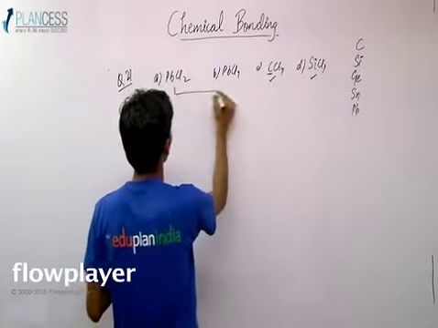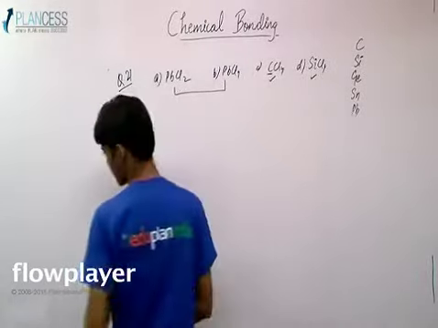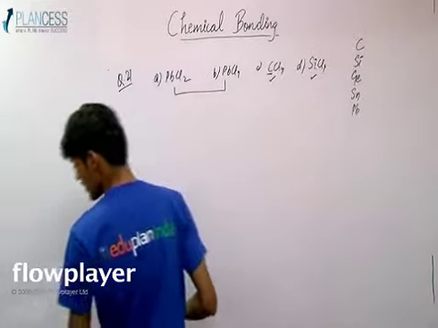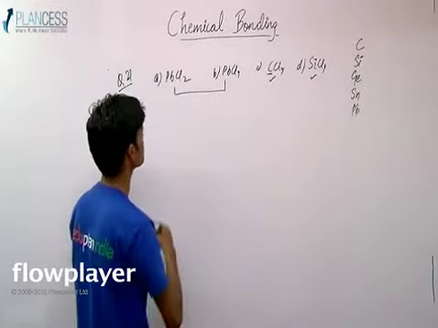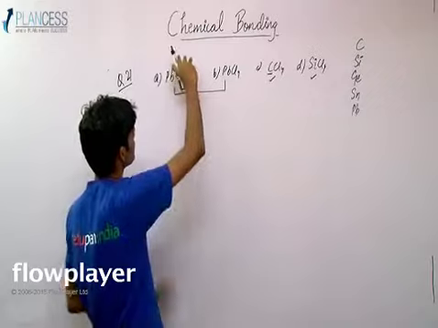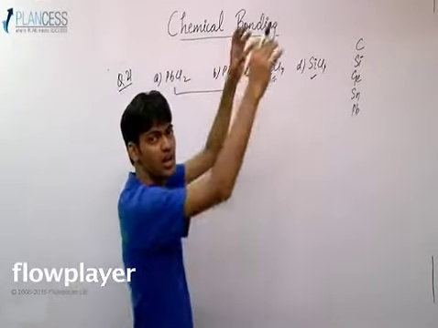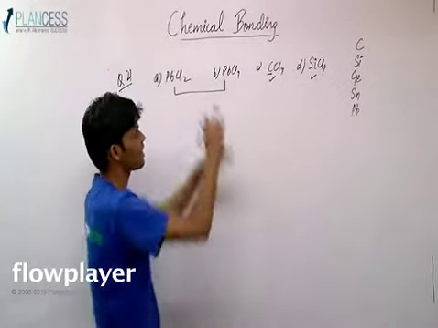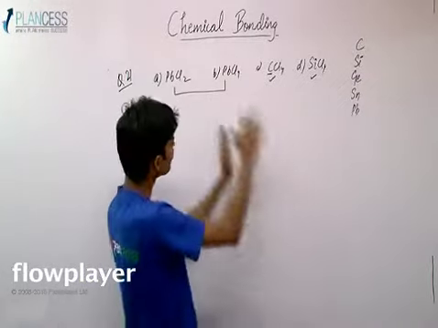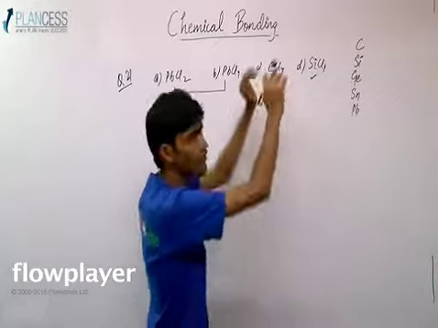Now we have to compare PbCl2 and PbCl4 to see which one is the most ionic. So since the cation is the same, now we consider the anion. Since there are 4 anions, in absolute terms there would be more polarization done by the Pb on the 4 Cl ions.